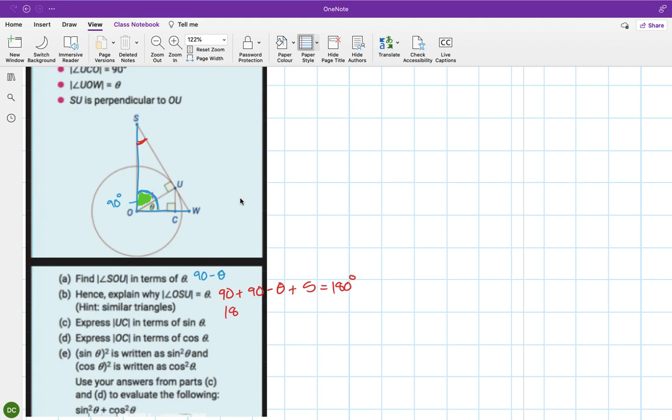So 180 minus theta plus S equals 180. If I minus the 180 to bring it across, then I get minus theta plus S equals 0. And then if I plus the theta on both sides, I get S equals theta. So that explains why OSU is equal to theta. There you go.